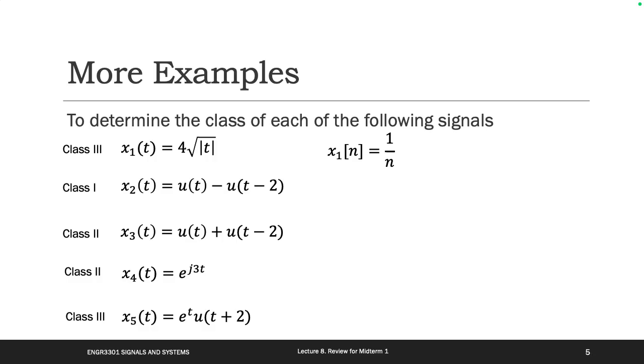If N equals 4, 1 over 4. So it will be just like this. But N can be negative, you know that. So in the negative, it will be -1, then -1 over 2, -1 over 3, and so on. It's just similar to this. That makes sense to you?